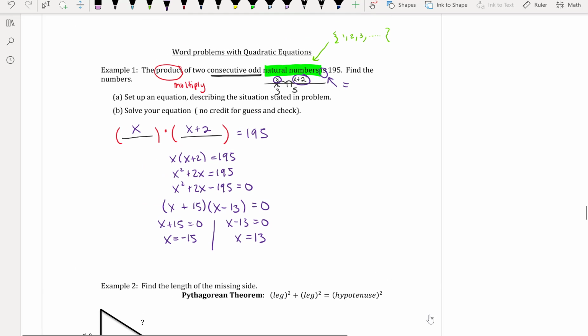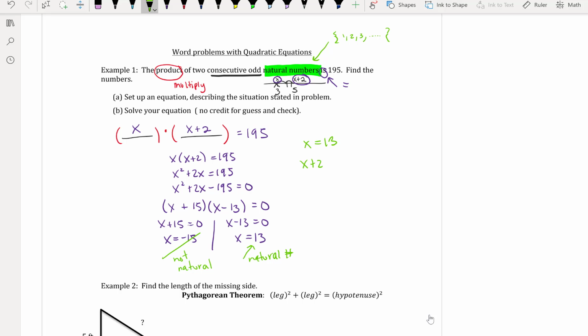So remember here, it specifically said a natural number. So if it's a natural number, negative 15 is not natural. It is not positive, therefore not natural. So 13 is a natural number. So x is equal to 13.